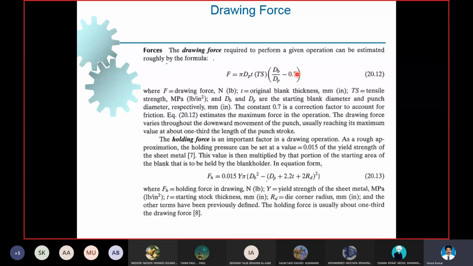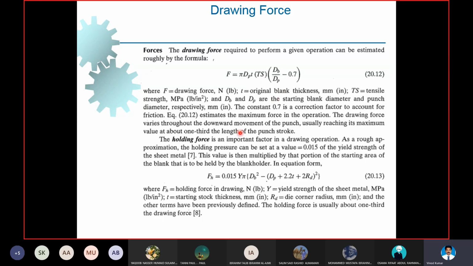Friction needs to be considered because there is friction between the punch, the material and the die. Hence a correction factor needs to be applied in order to calculate the force, which is pi dP T Ts times (dB over dP minus 0.7).